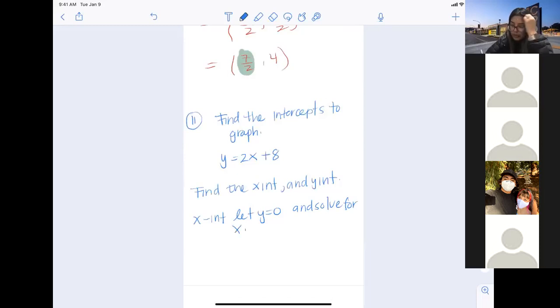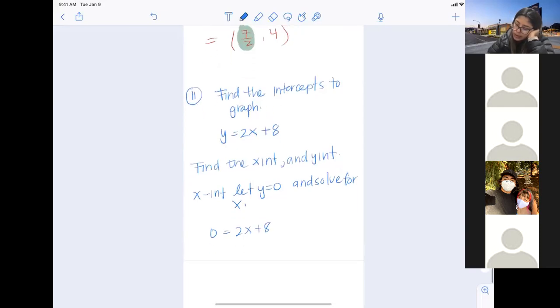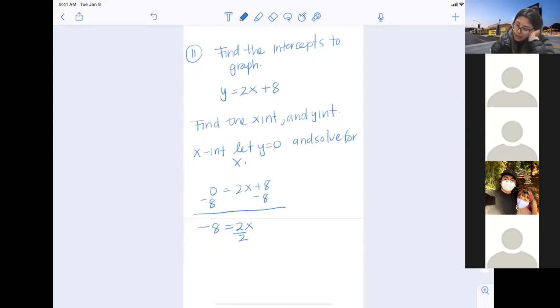So let's go ahead and do that. So you have 0 equals 2x plus 8. You solve for x, so you subtract 8 from both sides. You get negative 8 equals 2x. Divide both sides by 2. You get x equals negative 4. So your x-intercept is (-4, 0). That's the first thing you have to do.